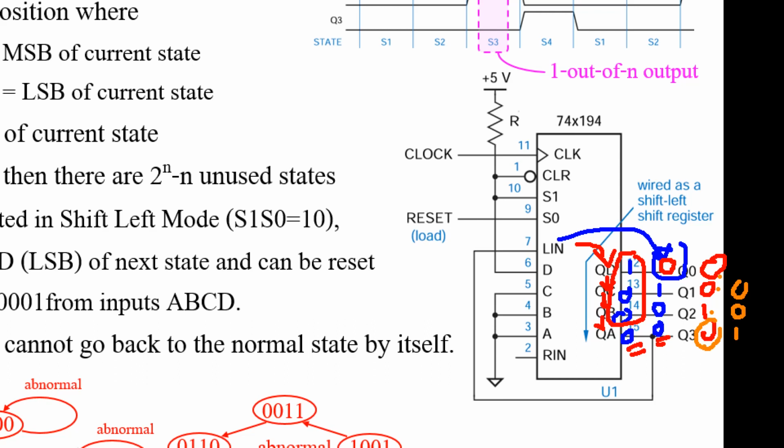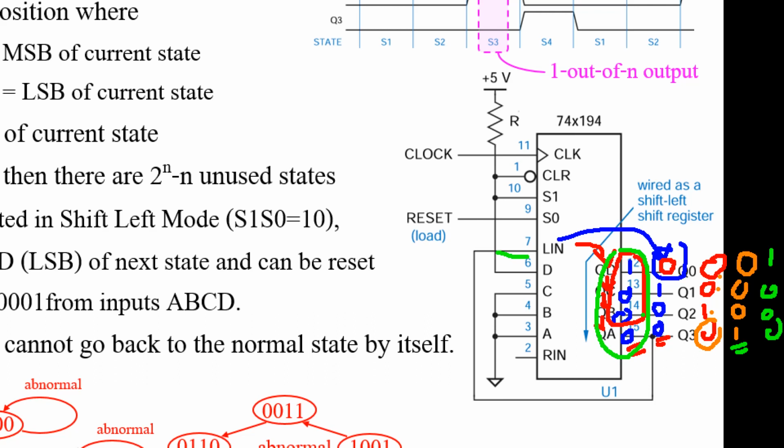And this bit is fed to L in. So when the clock ticks, this bit is 0. After that, these 3 bits, 0, 0, shift down, and this bit is fed to L in. So when the clock ticks, this position becomes 1. Note it repeats the state 0, 0, 0, 1.